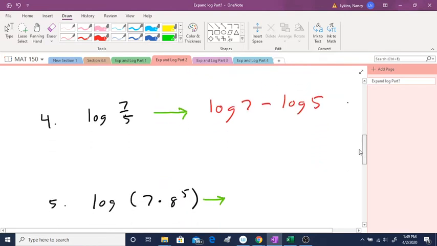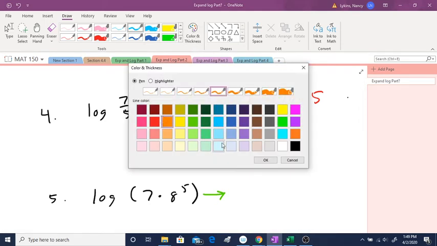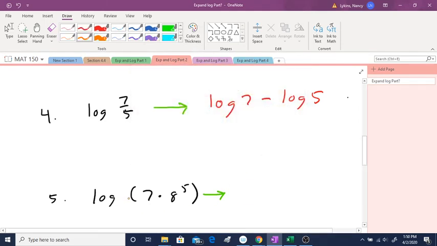What happens in number 5? Let's say you have log of 7 times 8 to the 5th. So you need to identify what properties we're using. Well, I see a multiplication, so I know I'm going to use the product rule. That's an exponent, so I do know that we're going to use the power rule.